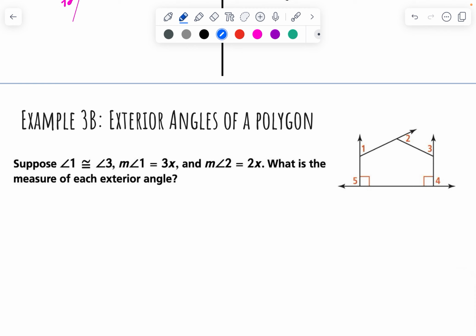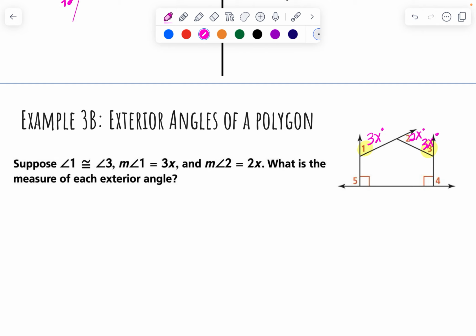Let's look at these ones. So here they're saying angles 1 and 3 are the same. And they're saying angle 1 is 3x, which means angle 3 is also 3x. They're telling me angle 2 is 2x. And then angles 4 and 5 are both 90 degrees.